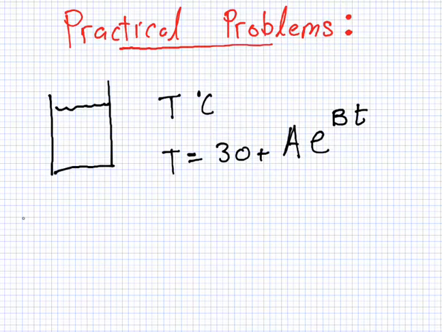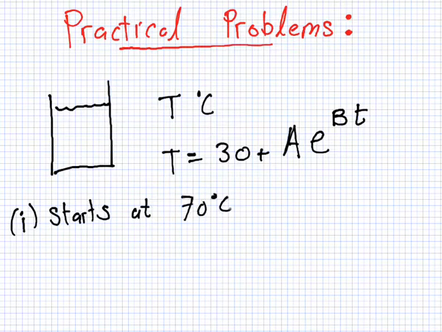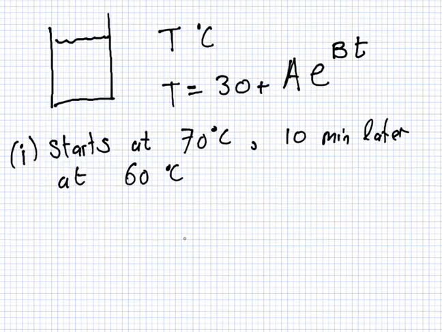Okay? So I then tell you it starts at 70 Celsius and then 10 minutes later it's at 60 Celsius. So this is enough information now to find the A and the B. I tell you it starts at 70.